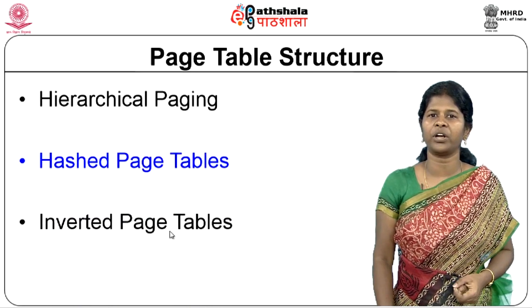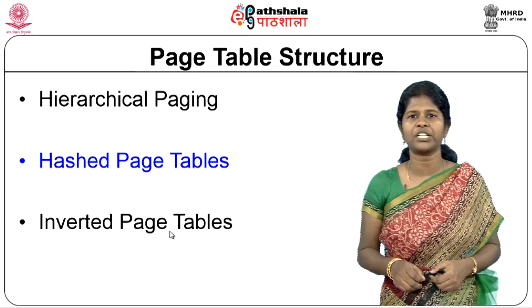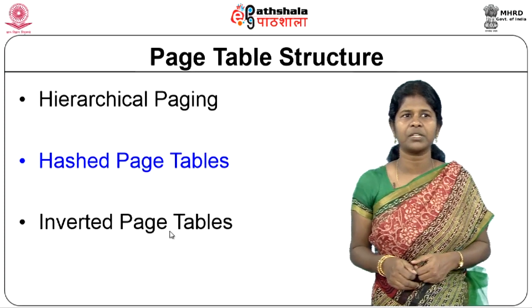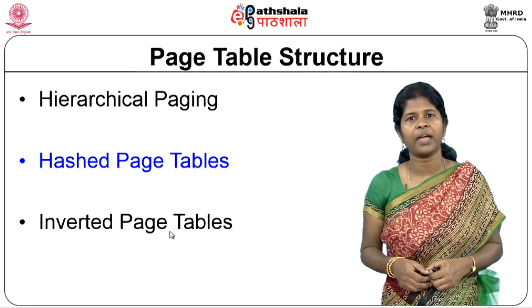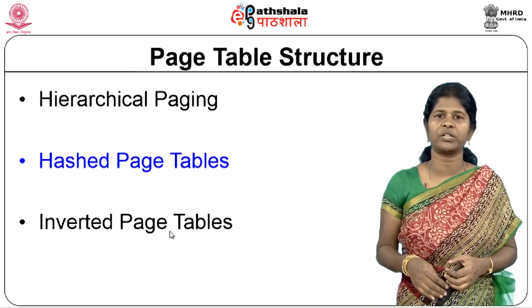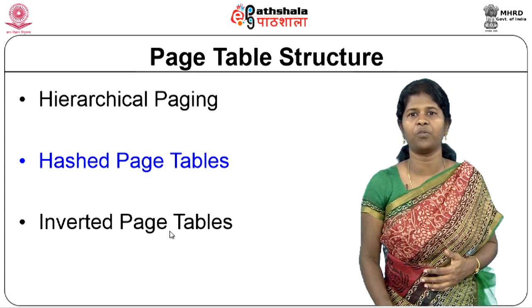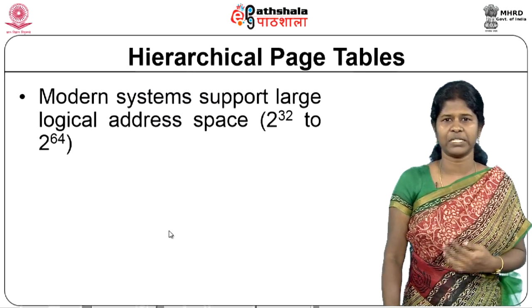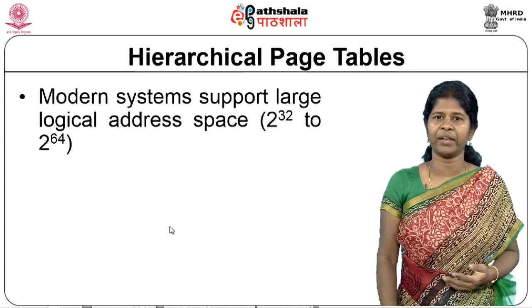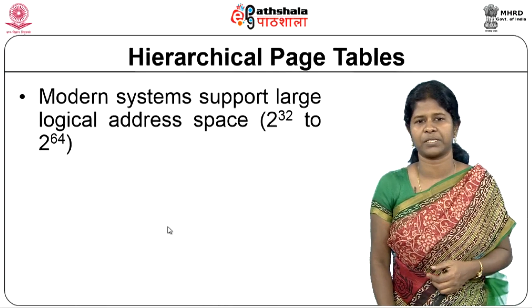In an earlier module, we learnt how hashed page tables are kept and also how inverted page tables are maintained. And in today's lecture, we will see how hierarchical paging is being done. So, first, why is there a need for hierarchical page tables?